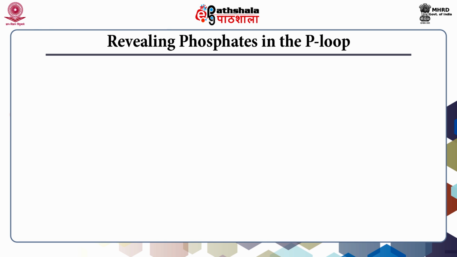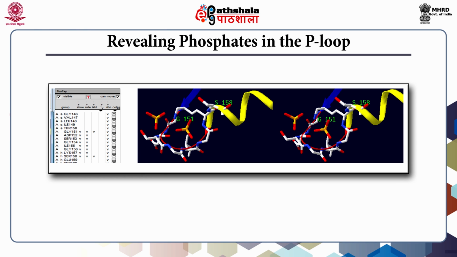In the control panel, make visible two phosphates, that is PO4316 and PO4317, as well as residues from glycine 151 to serine 158, that is residues of the P loop. Also make visible the labels of residue 151 and residue 158 with the complete chain displayed as ribbons from the fifth column.